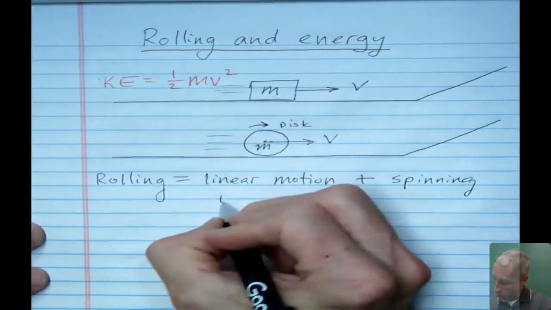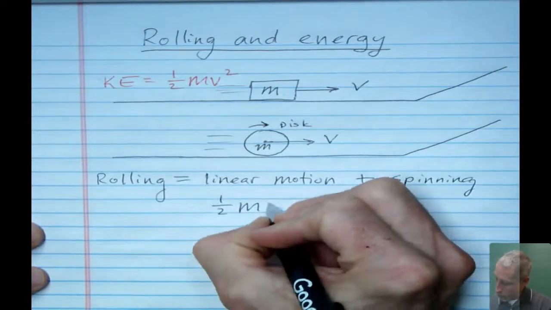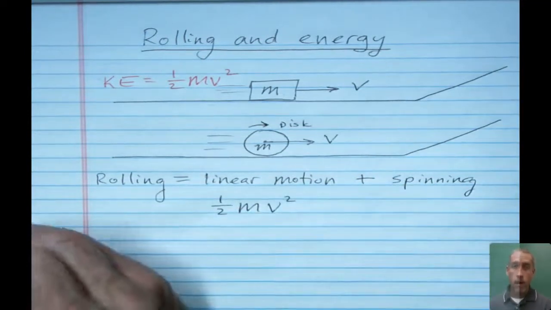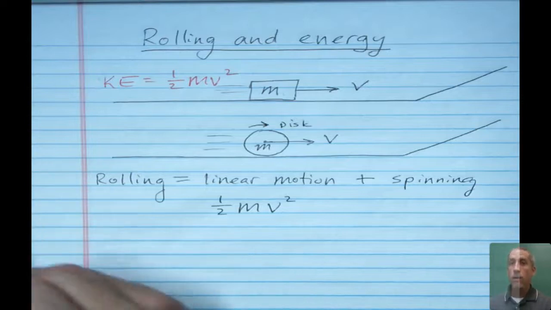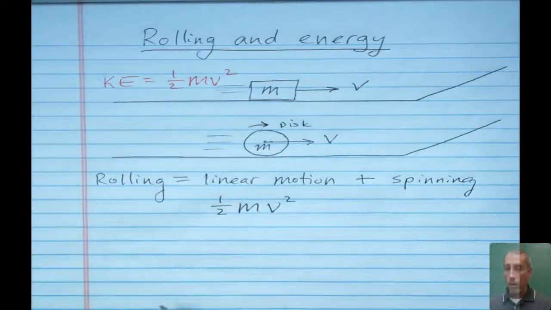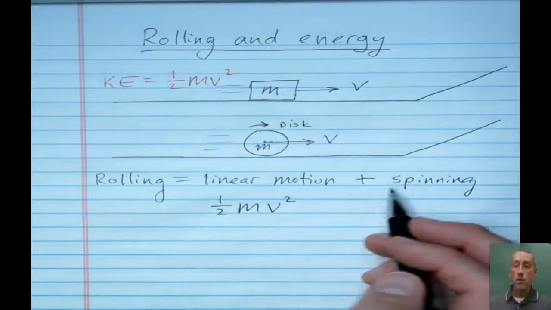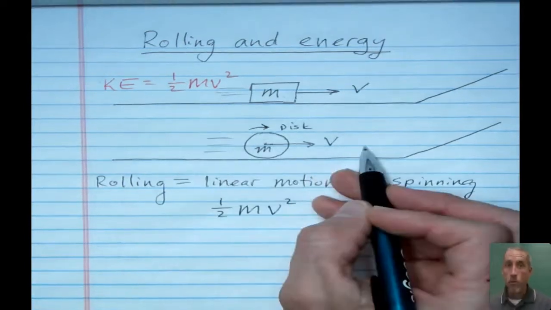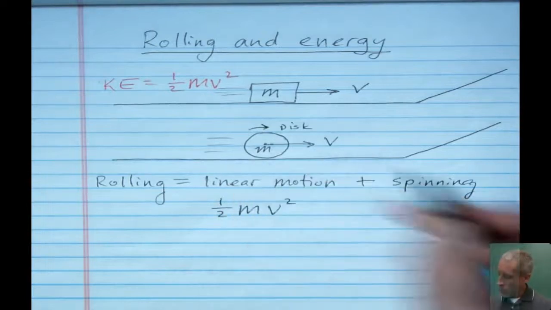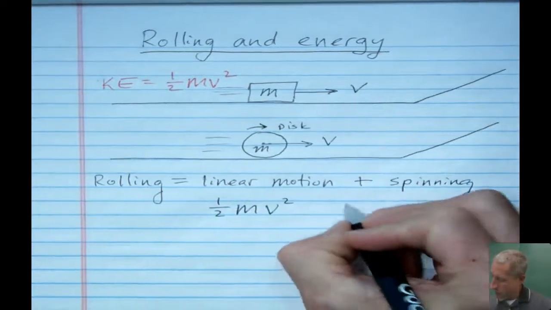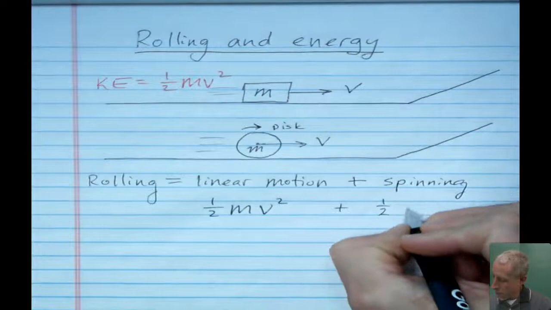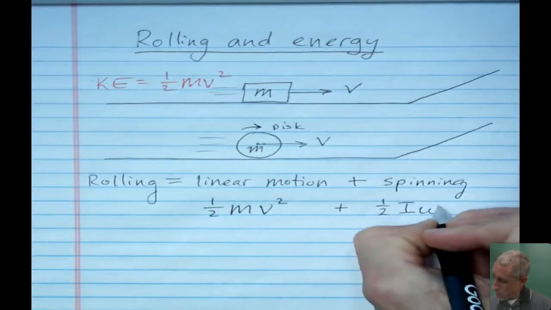So we would have 1/2 mv squared if that were the case, and then they would be equal. But we have a little more energy contained in the rolling object, and we get that by imagining it's only spinning around without moving forwards. We've described the kinetic energy of that as 1/2 I omega squared.